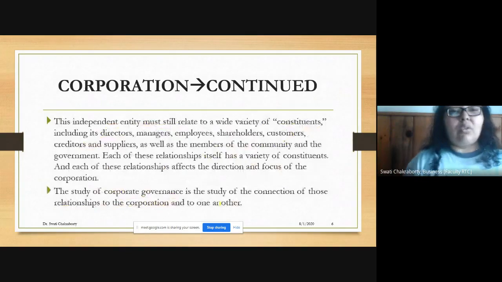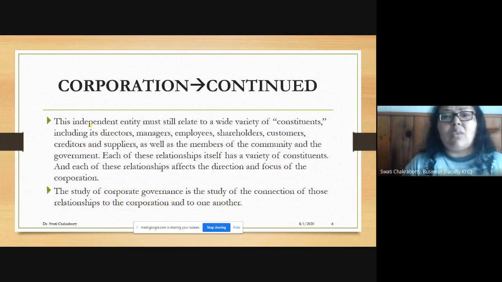Next, when we talk of corporation, there are a lot of people involved: directors, managers, employees, shareholders, customers, creditors, suppliers, society as a whole, and government. Everyone is involved.